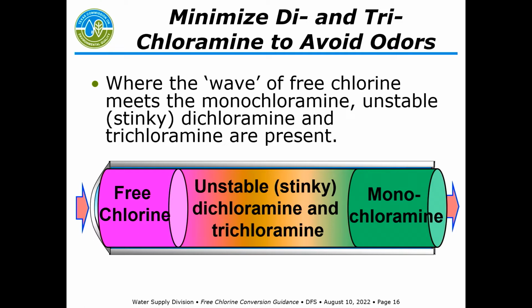The goal is to make that zone as small as possible. If that zone lasts a whole day at somebody's house, yeah, they're going to notice. If it's only there for 30 minutes before it converts completely over to free chlorine, that may not be a big deal.